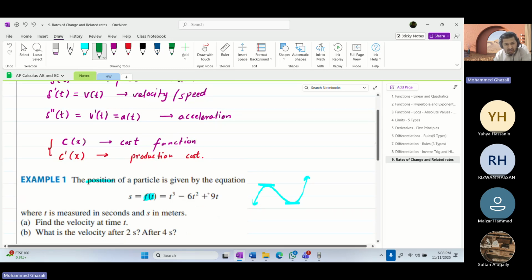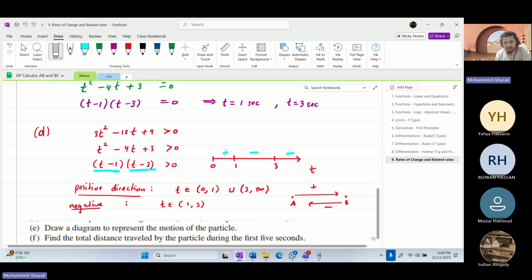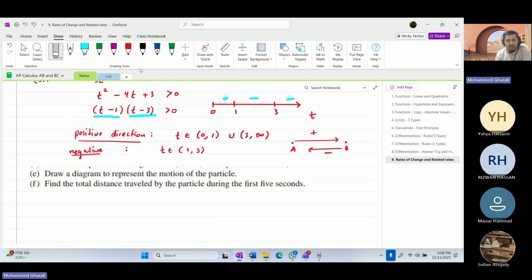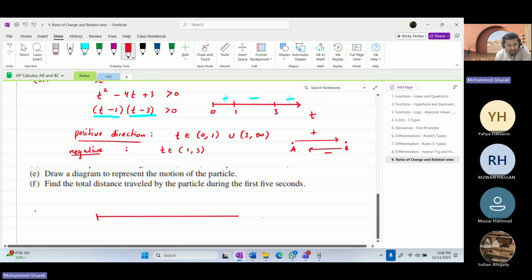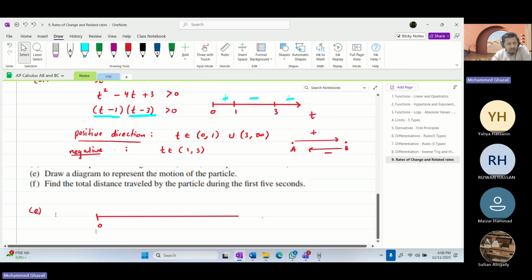Let's draw a diagram like this. Let's put it on the x-axis, just to describe what we are talking about. So I'll start at 0. Time starts at 0, right? And we're looking at a displacement-time graph, because this is the motion of how the particle is moving.